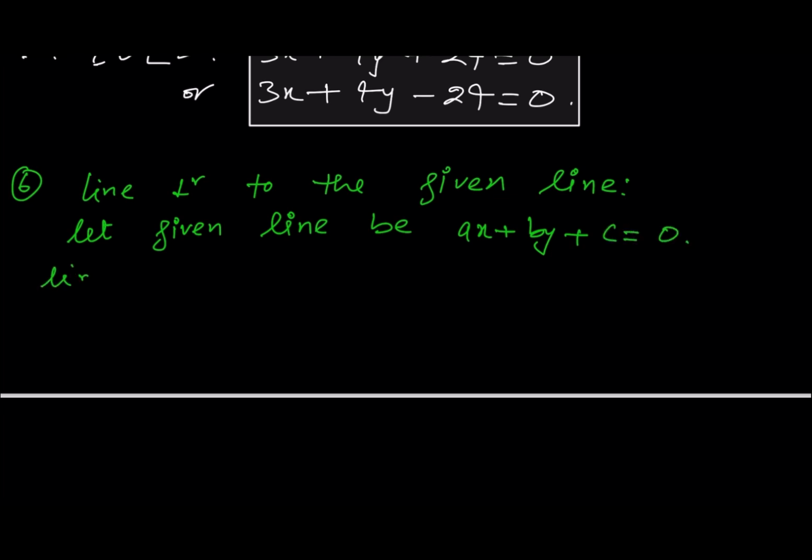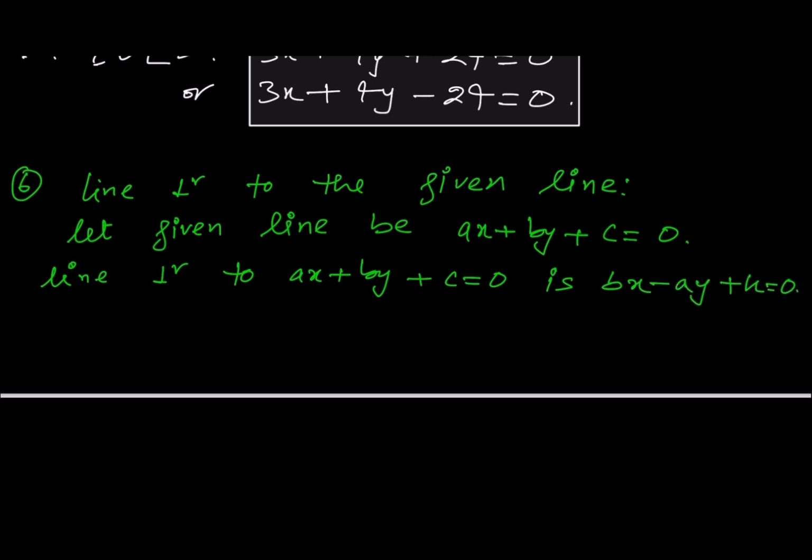The line perpendicular to ax plus by plus c is equal to 0 is bx minus ay plus k is equal to 0.